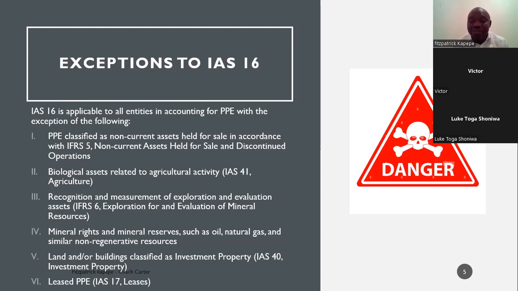But there are also certain rules when you hold an asset for sale. The most logical thing to do is not to continue using it to generate value. It should just be held. If it's a plant, you just close that plant and you continue advertising that you're selling this plant.